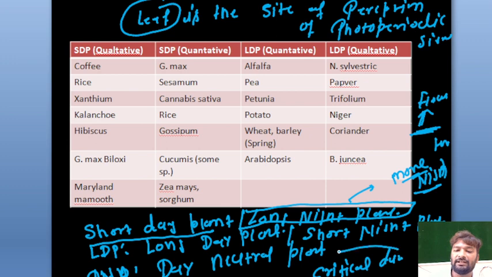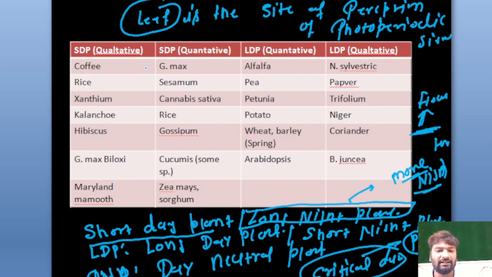Critical day length is the period of light which is crucial for different physiological processes. If we give less than the critical day length, then flowering is promoted in short day plants, and if we give more light than the critical length, then flowering is promoted in long day plants. Day neutral plants are not affected by this critical period of light, meaning they are photo insensitive.